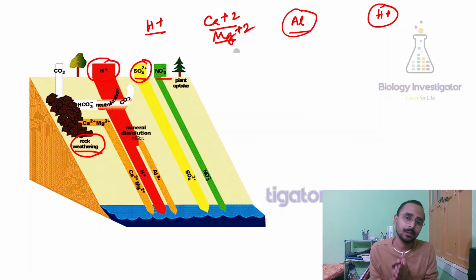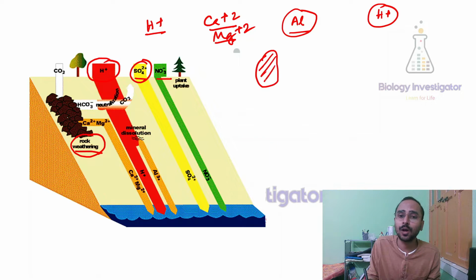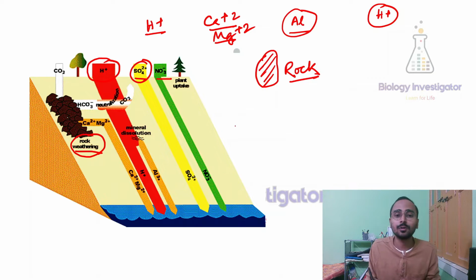So when acid rain will be deposited on ground, on soil, for example, on rock, this rock contains minerals, and minerals are plus, and this plus, what is this plus?